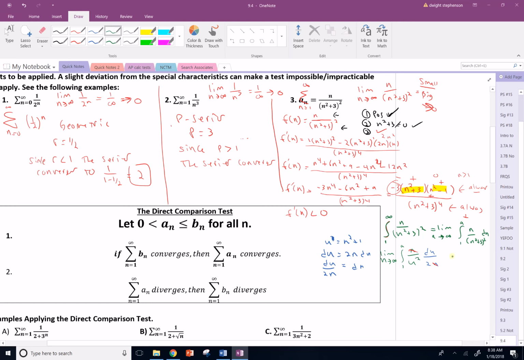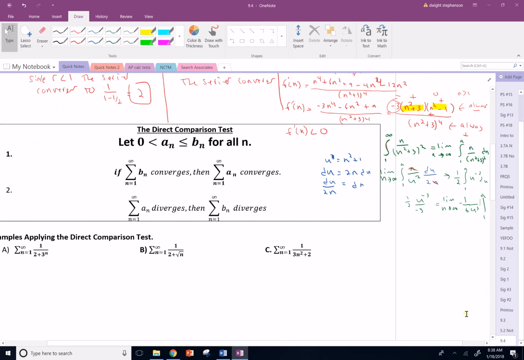I'm just going to leave the limit out for just a second. So integrating gives us 1/2 u to the negative 3 over negative 3, which gives us negative 1/6 u to the third, evaluated from 1 to a.